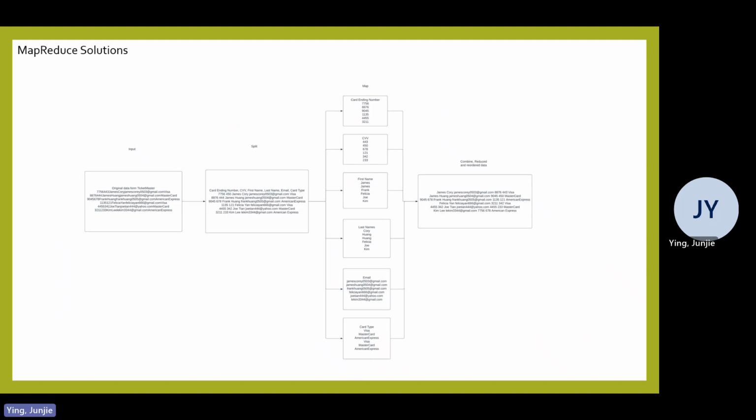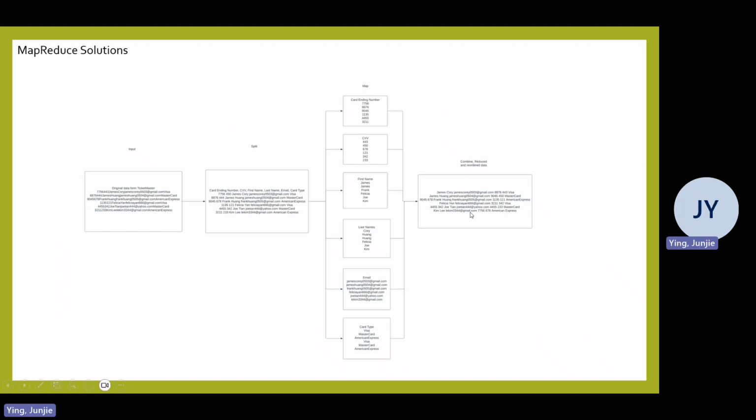Then we will make maps on card ending number. There are 5 card ending numbers, 6 CVV codes, 6 first names, 5 last names, and emails and card types.